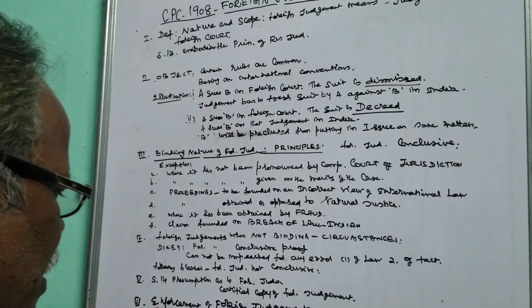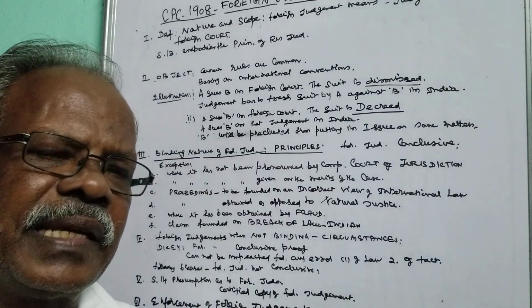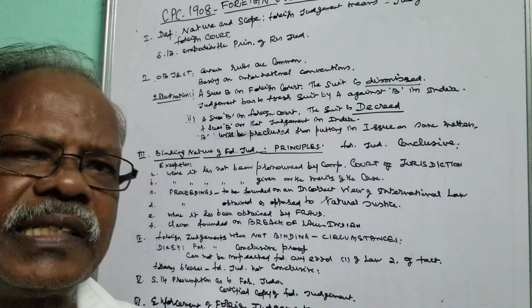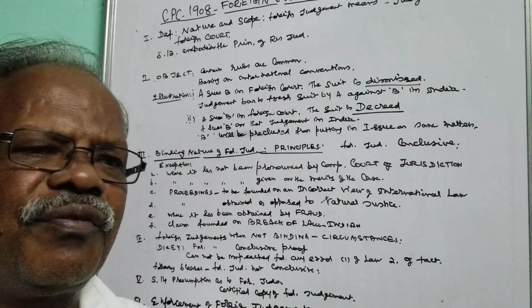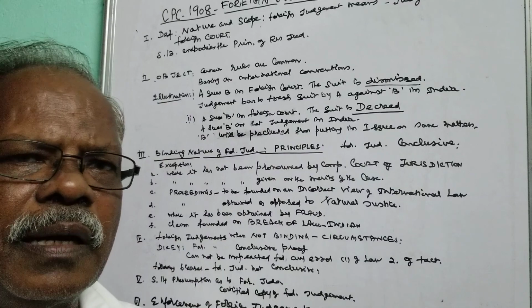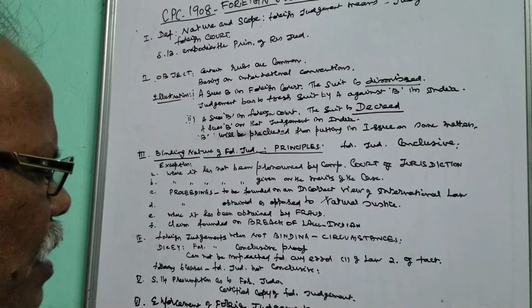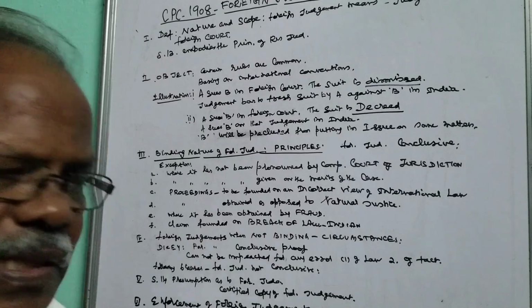Then enforcement of foreign judgments. Last is how enforcement of a foreign judgment is made. The enforcement of a foreign judgment is made on two aspects. One is called the suit on foreign judgments.